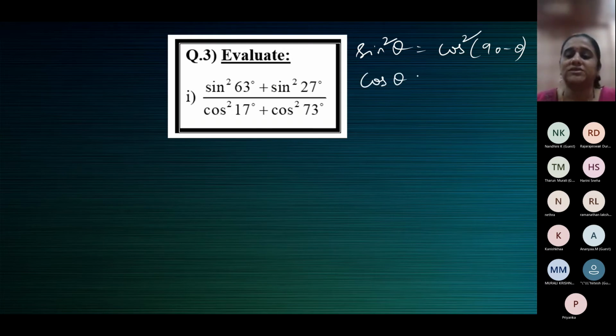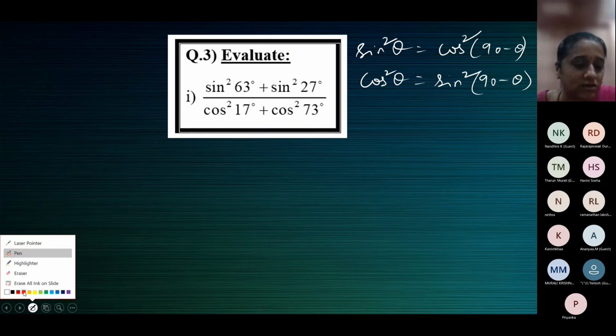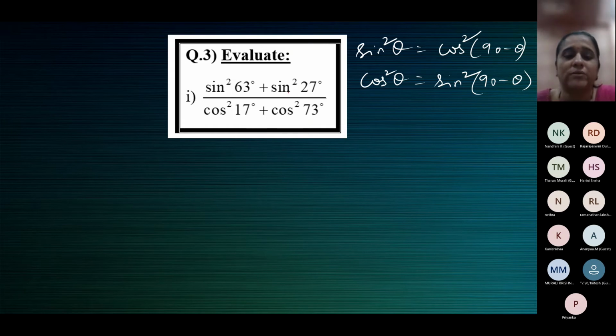Similarly, cos theta is equal to sine 90 minus theta. When you square on both the sides, you get cos square theta is equal to sine square 90 minus theta. So what should occur to us is that probably we can convert this to the identity sine square theta plus cos square theta. So you will get one in the numerator and one in the denominator. So 1 by 1, which is 1.